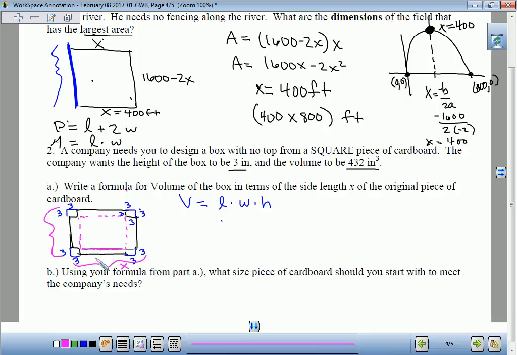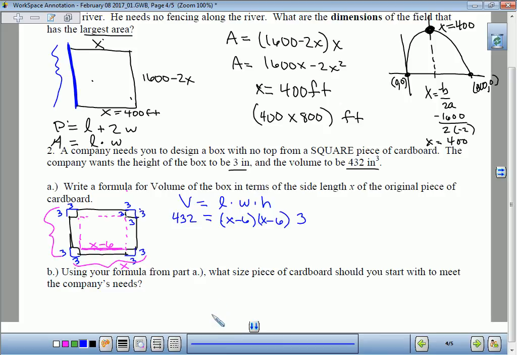So if all the way across is x, this would be x minus 6, because 3 and 3. Well, it's a square, so the other dimension would also be x minus 6. Okay, so that's where the x minus 6 and the x minus 6 and the 3 came from. And we want this volume to be 432.